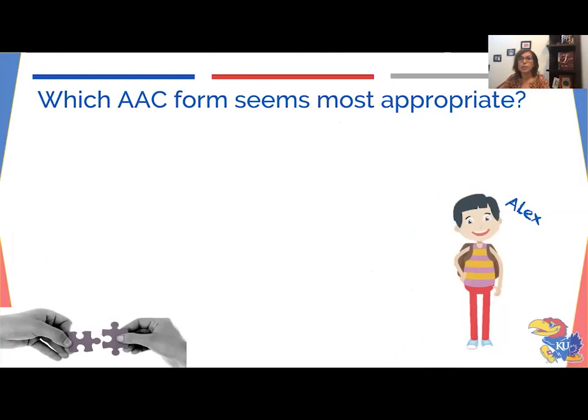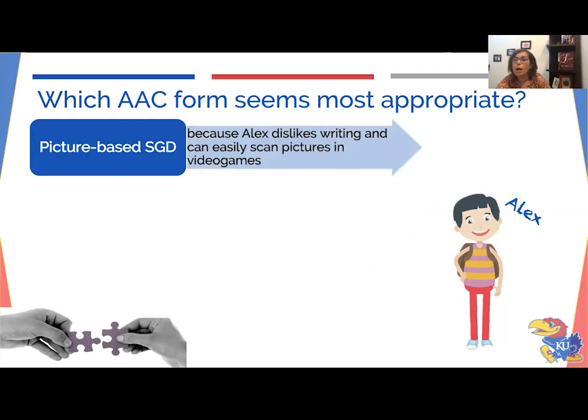All right, so based on those needs that we assessed, it's time for you to make some decisions. So which AAC system seems most appropriate in this case? A picture-based speech generating device, because Alex dislikes writing and he can easily scan pictures in video games.